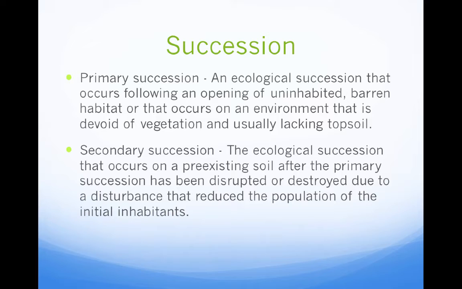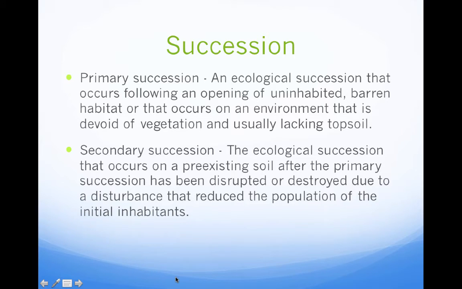So primary succession is starting from stage one, starting from almost nothing, that barren habitat. Starting with moss, these organisms that even begin to produce soil. This is really stage one of primary succession.